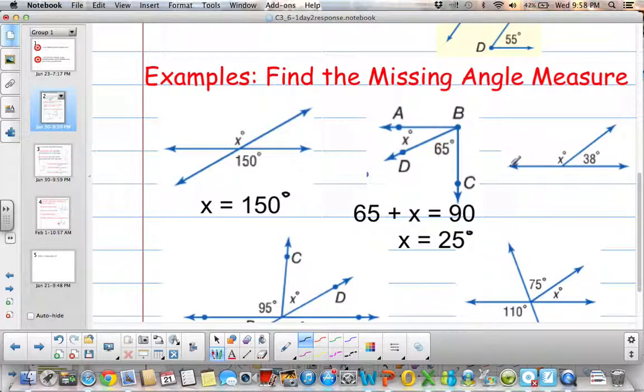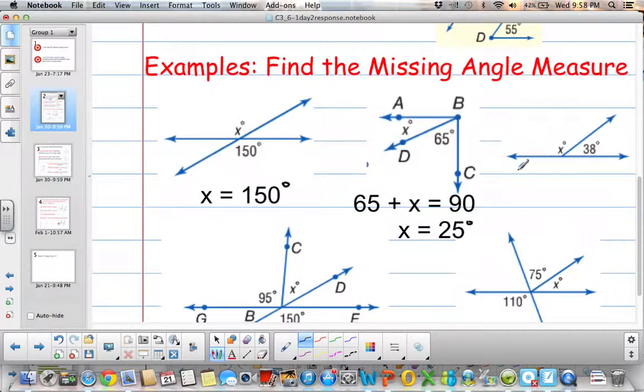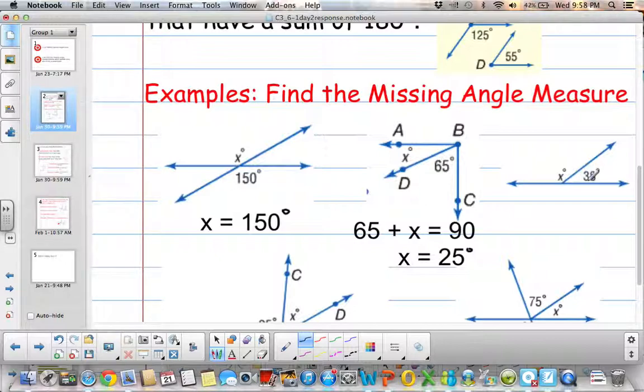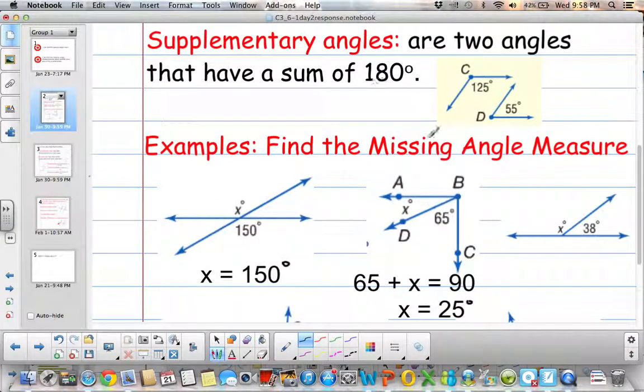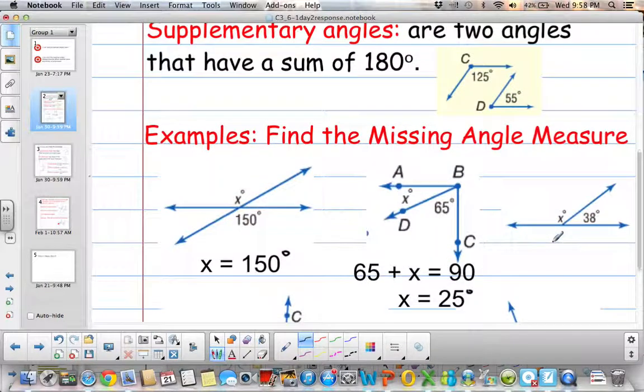Okay, a straight line is a 180-degree angle. So then we know that these two angles are supplementary because these two added together have to equal 180. And we remember supplementary, our angles equal 180.